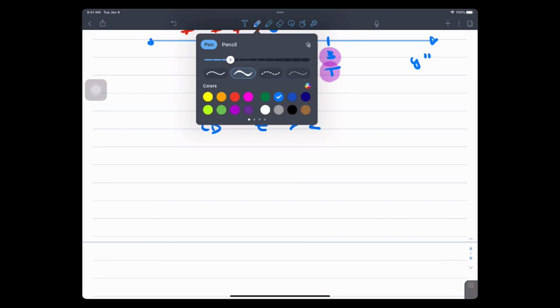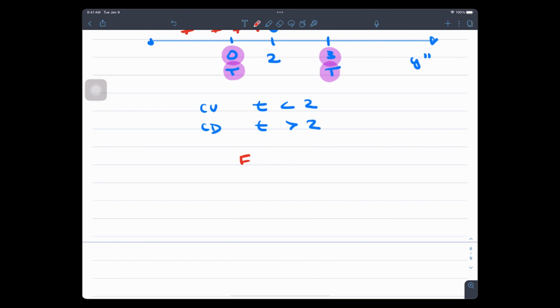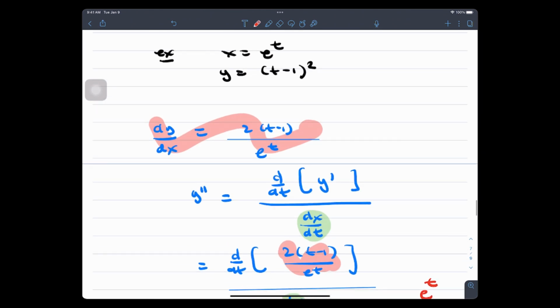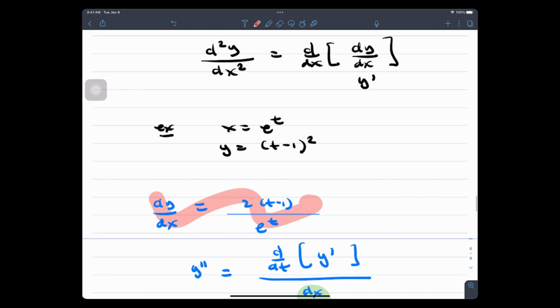Remember, this is for t, though. And yes, t could be all real numbers, but you might do something like this here. See this here? Remember this? Didn't we say the x value is positive, right? And that function is really this. You know, e to the t is positive.